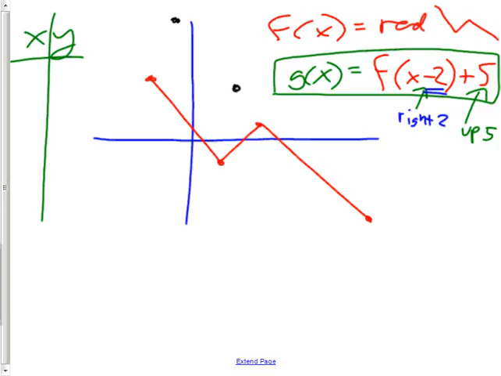This dot, move it right 2, up 5. And this dot, right 2, up 5. And then I just have to connect my dots. Did you have something like that? All right, good.